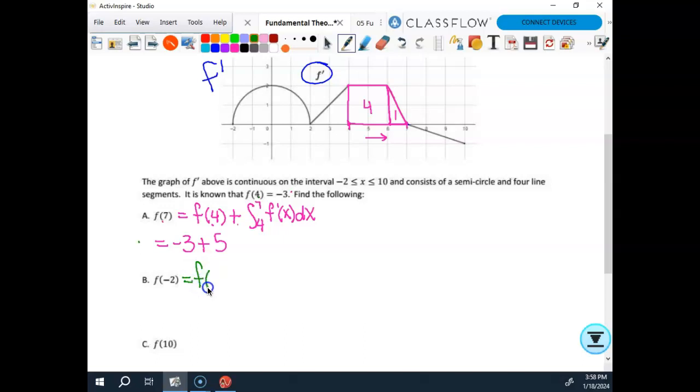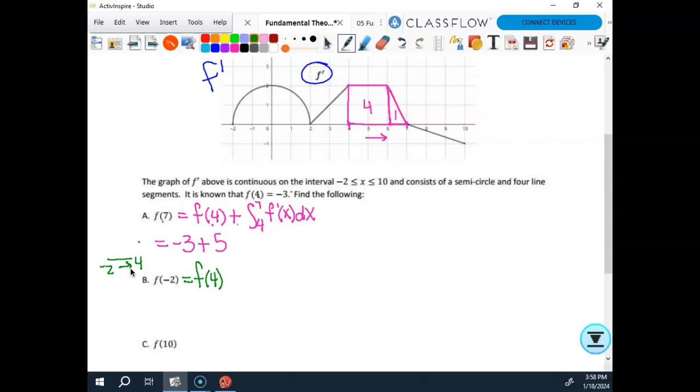So f of 4. So this time I'm going from -2 to 4, right? Going in this direction. And so this is my initial amount, and this is my final amount, right?